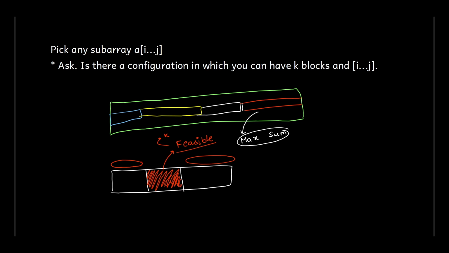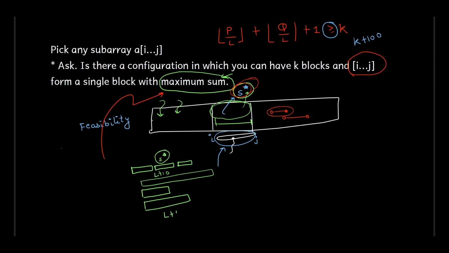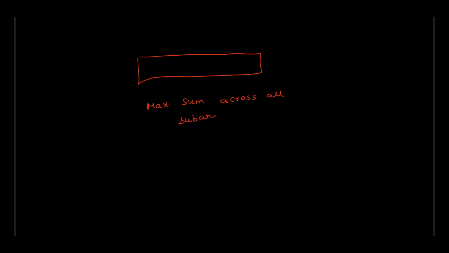But let's look at the earlier problem that we discussed about the maximum sum subarray. Let's go back to the basics. In the maximum sum subarray problem, I tell you to find the maximum sum across all subarrays.